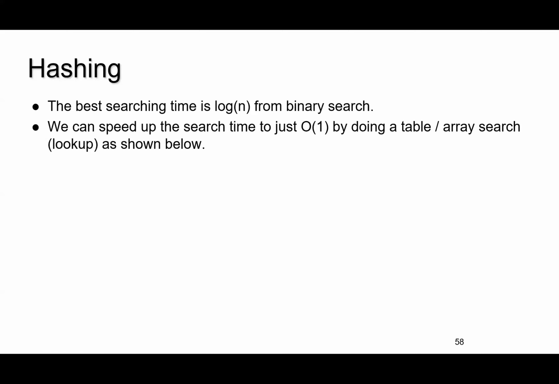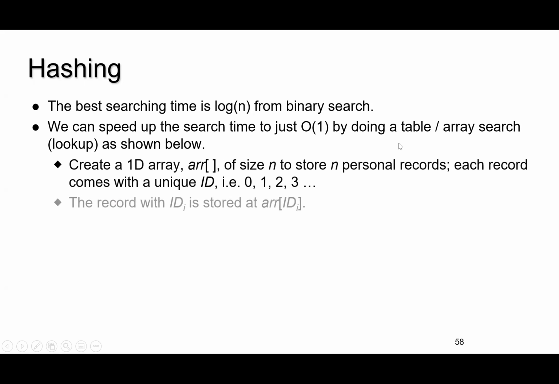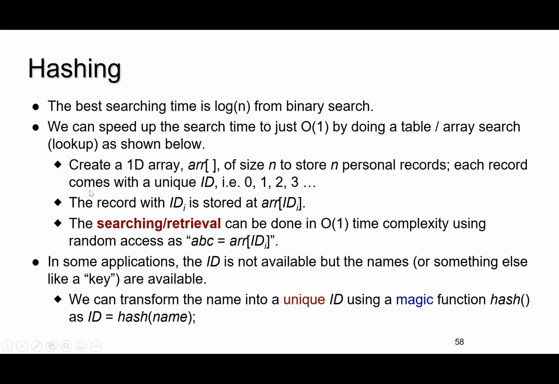This can happen if we use something called a hash table. For example, you can create a 1D array of size n to store, let's say, n personal records, where every record has a unique ID. Every record uses its unique ID to store. So let's say your record ID is I, it will be stored in location I in your array.